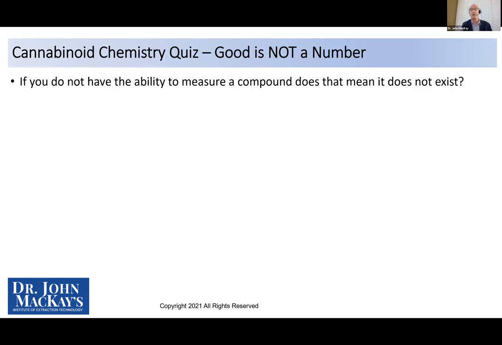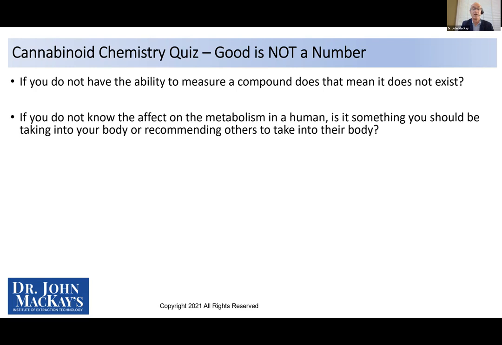So as I do a quiz, if you don't have the ability to measure a compound, does it mean it doesn't exist? Quick answer to that one is no. If you do not know how it affects the metabolism, should you be giving it to someone? Again, that's where we do the efficiency and efficacy, making sure that we totally understand all the components that are in a cannabinoid plant.